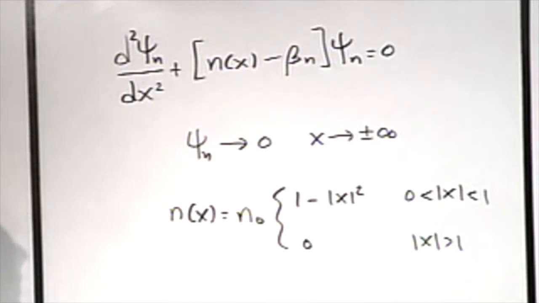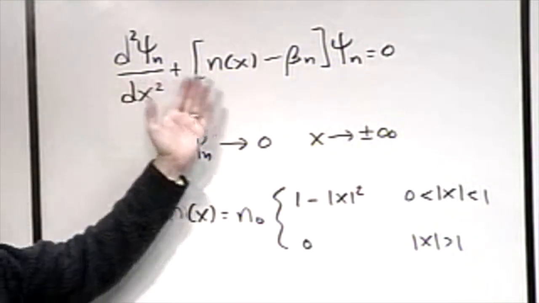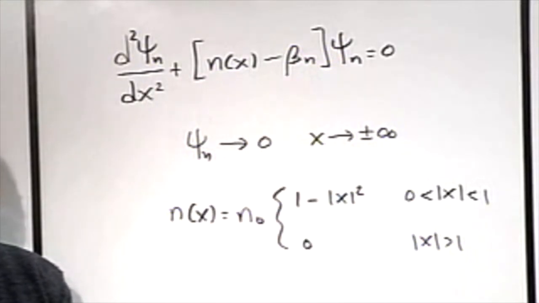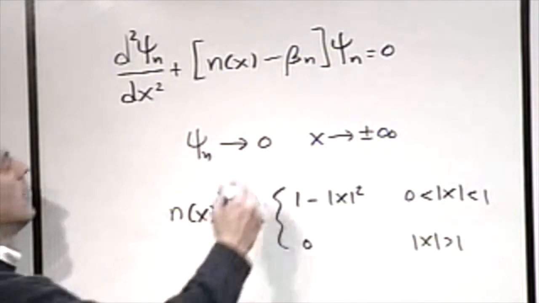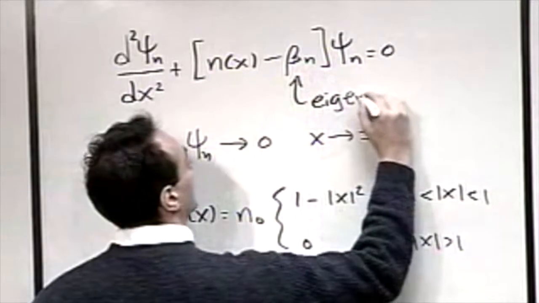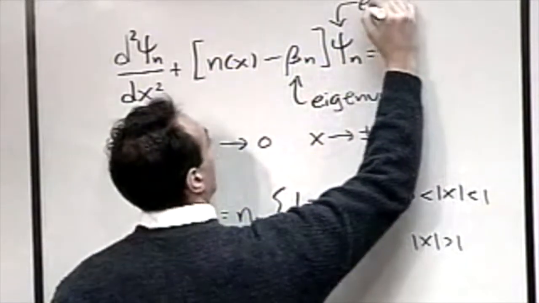And the big deal here, we want to solve this thing. We want to actually find out what are the psi of n and associated beta of n that actually solve this problem. Turns out this is an eigenvalue problem where beta of n is your eigenvalue and psi of n is your eigenfunction.